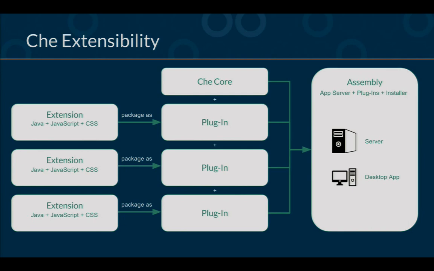You can then take Che core plus some set of plugins, compile them all together, and you get an assembly. This assembly is distributable as a desktop app. We're going to make an Electron Atom packaging of it available so that you can just hand it off to users and they can click and install. Or you can run it as a mini server.